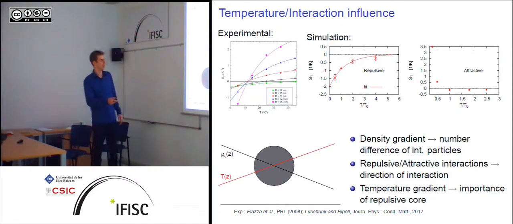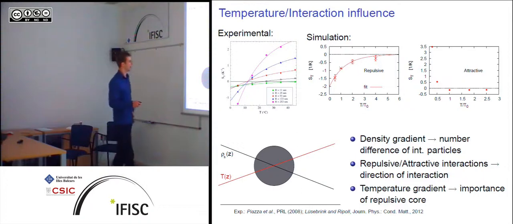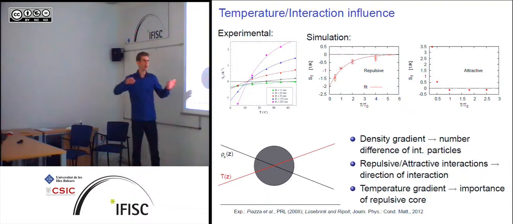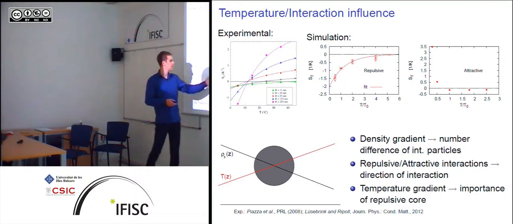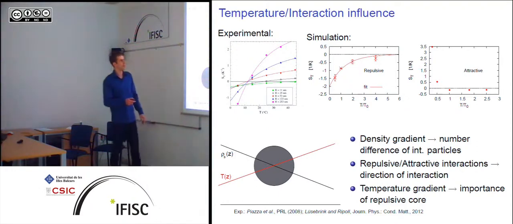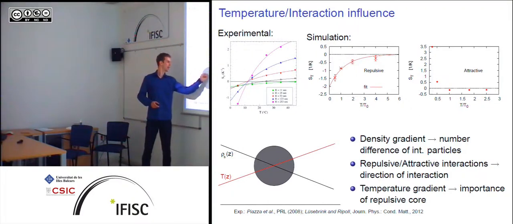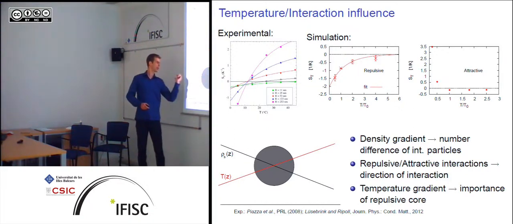In the case of attractive interactions, we have an additional effect of the temperature gradient, because here you have higher kinetic energies of the solvent particles, so they can penetrate deeper into the potential. That means they can interact more strongly with the colloid on this side. So when you have attractive interactions, first, due to the density gradient, the colloid is pulled towards the cold side of the system.